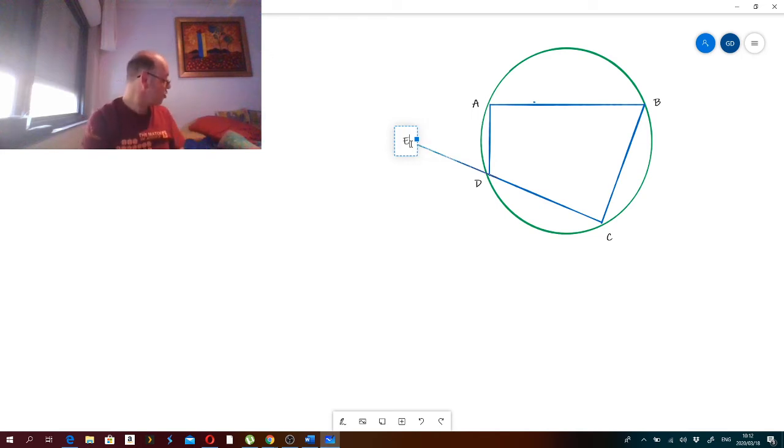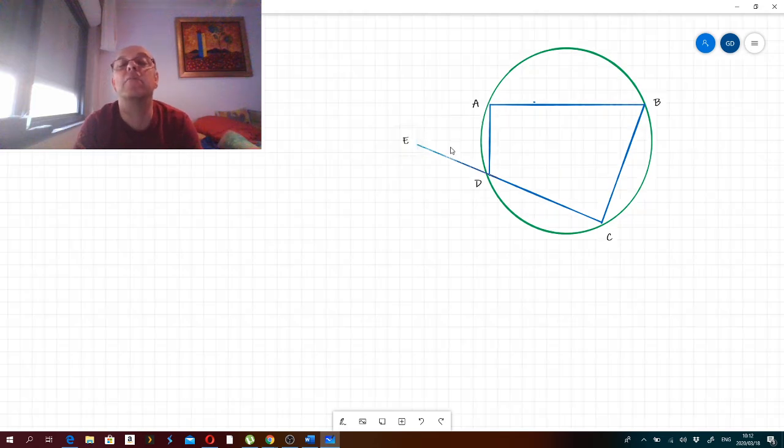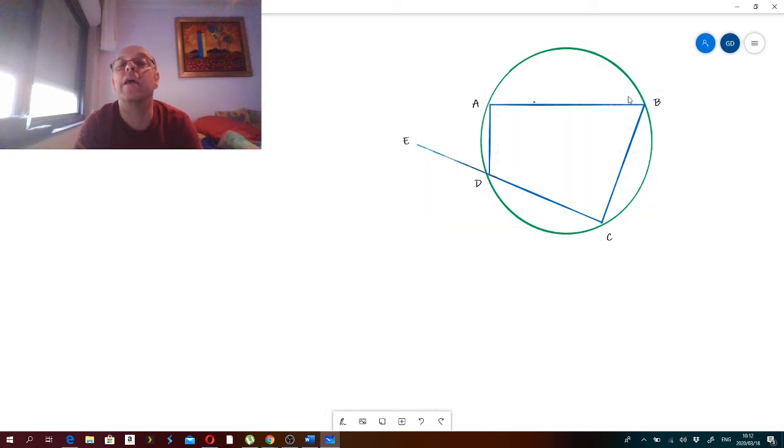Alright, so CD is produced to E, and outside the circle we want to show that the angle ABC is equal to the angle ADE. So in other words, we're looking at the angle over here. So I'll just draw that in for us quickly.